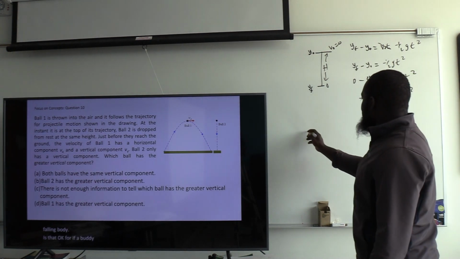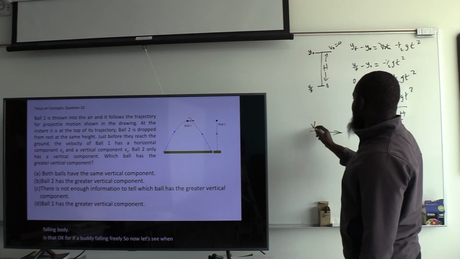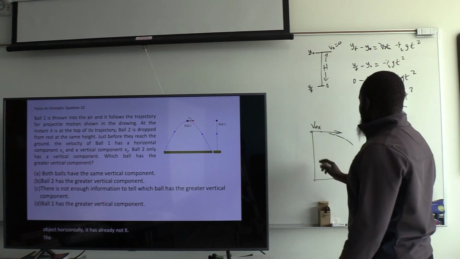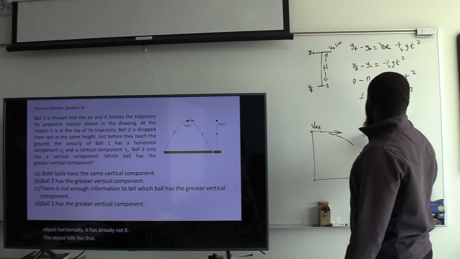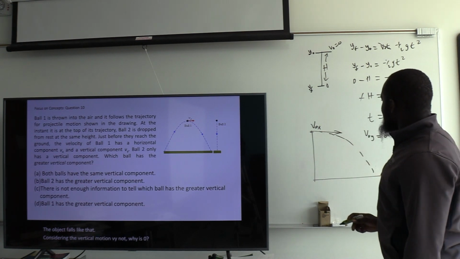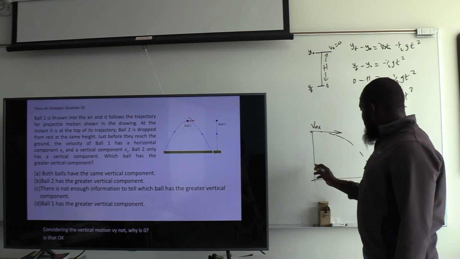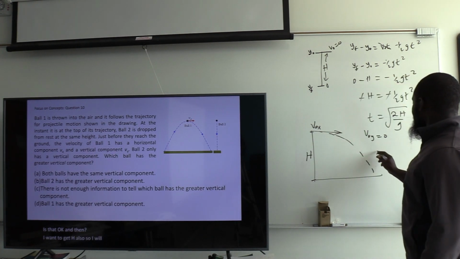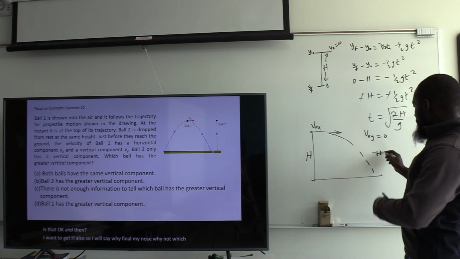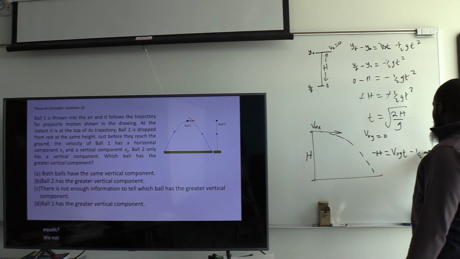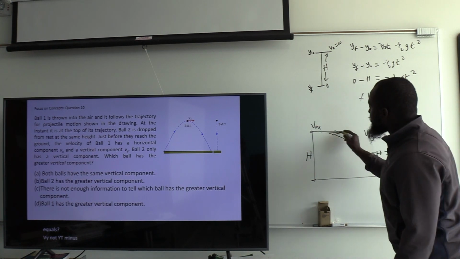So now let's see, when you project an object horizontally, it has only v naught x. The object falls like that. Considering the vertical motion, v naught y is 0. And then I want to get h also. So y final minus y naught, which is minus h, equals v naught y t minus half g t squared.